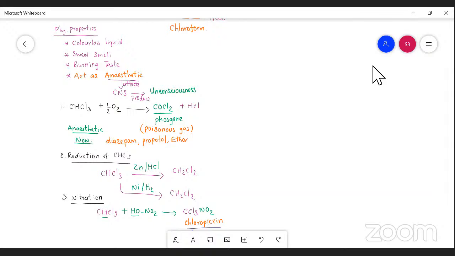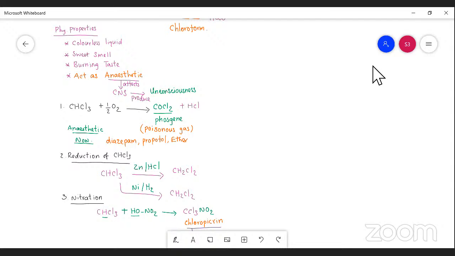But it is not utilized for human beings. Why? On oxidation it produces a poisonous gas, phosgene. What anesthetics are used nowadays? Diethyl ether, propofol and other ethers. These produce unconsciousness and are the safest anesthetics nowadays. But if you use chloroform, it is unsafe.